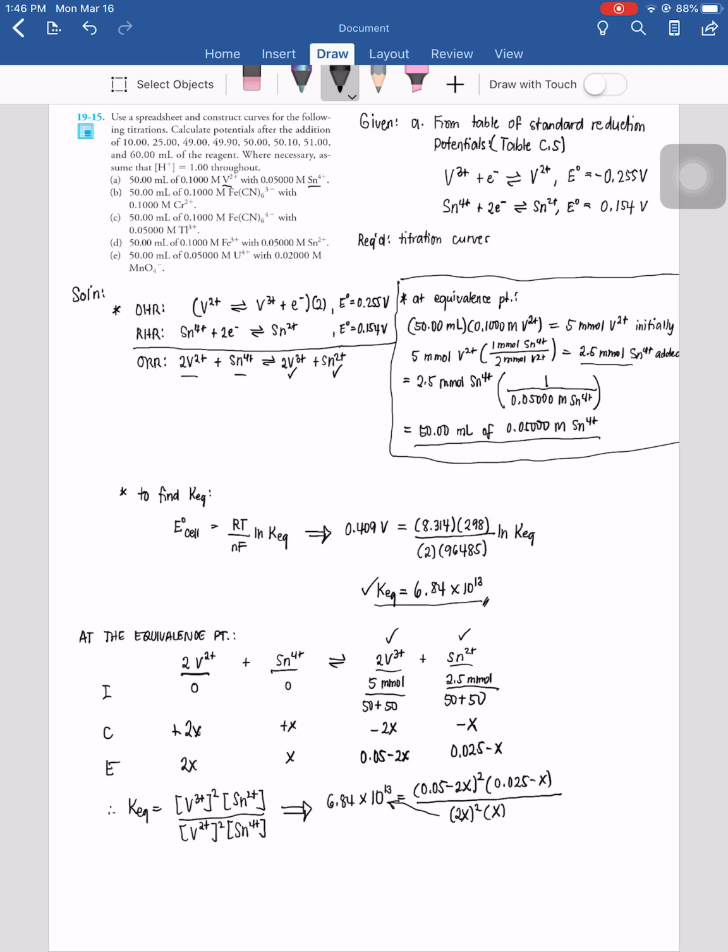So let me just plug all of these in now. We have 2x squared times x, that should be 4x cubed, equal to 0.05 minus 2x squared times 0.025 minus x.